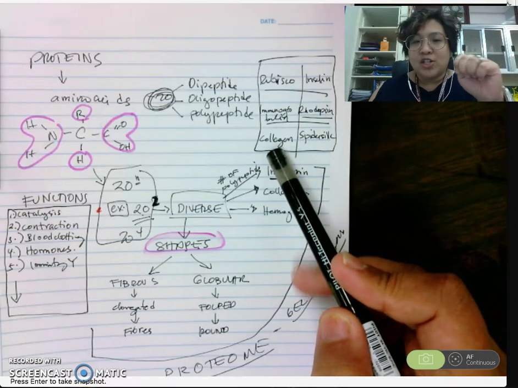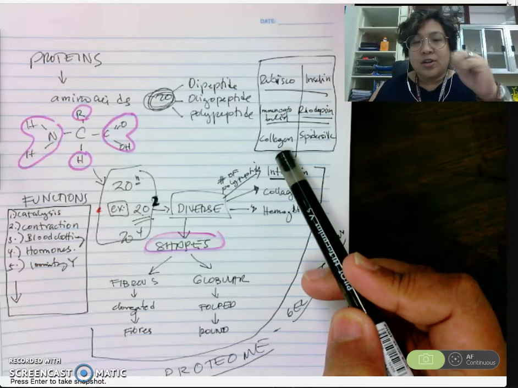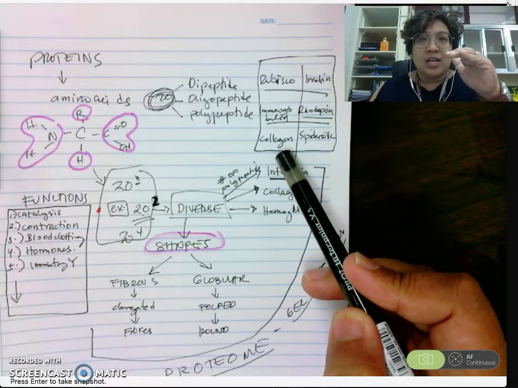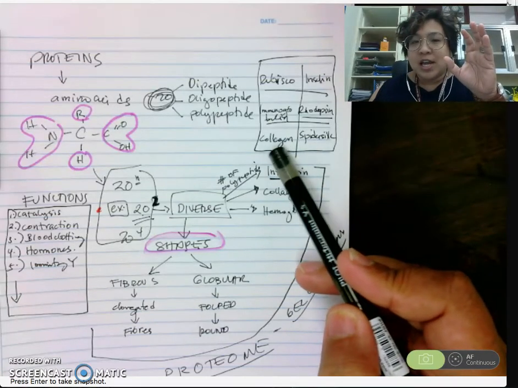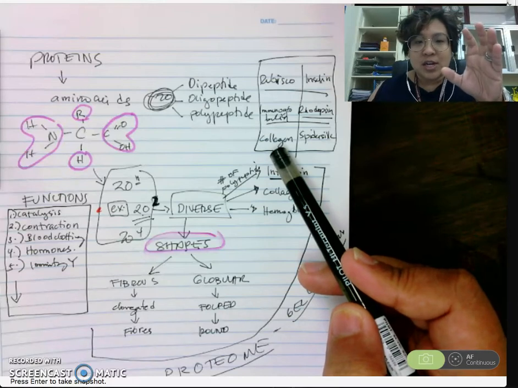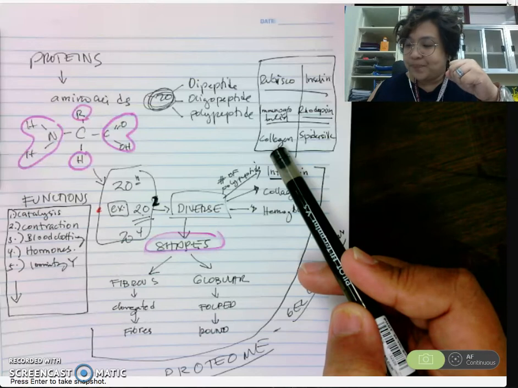Fifth, you have collagen. Collagen is normally found underneath your skin, in the connection between bones to bones, bones to muscles. And collagen is actually more structural in nature, so it gives structure to different tissues.